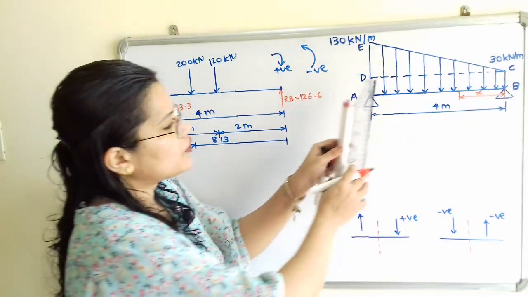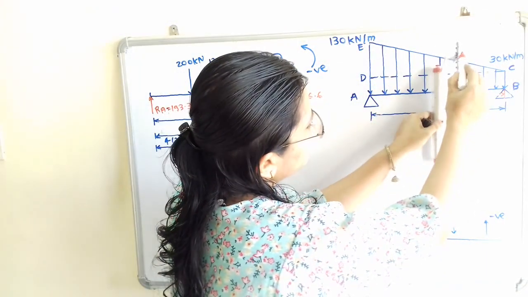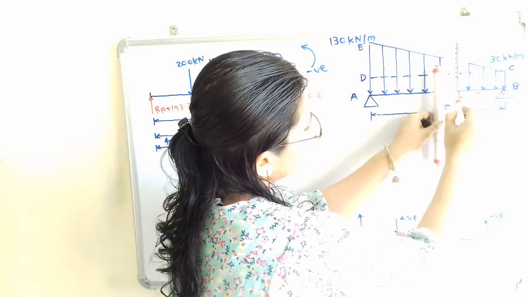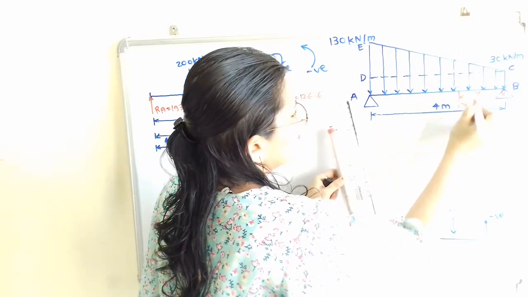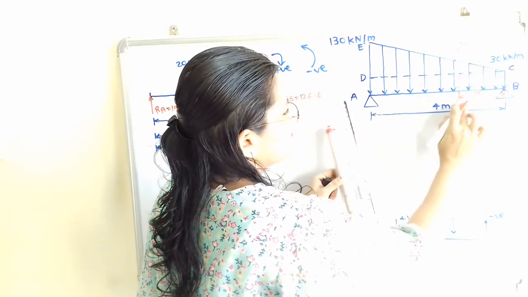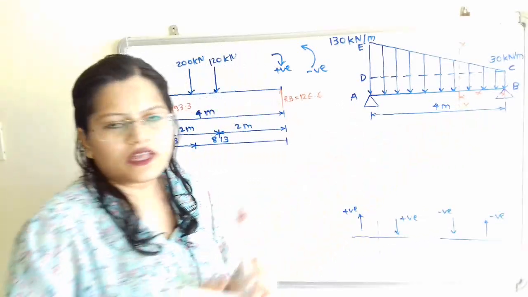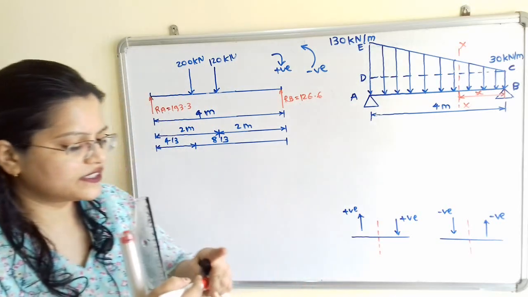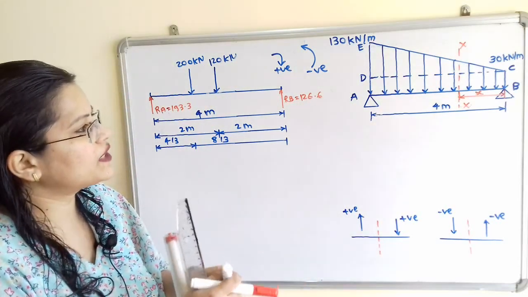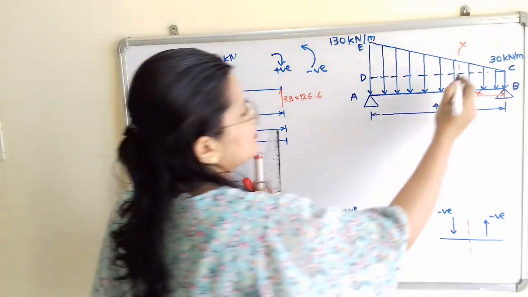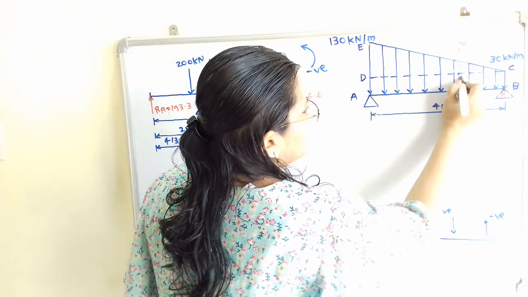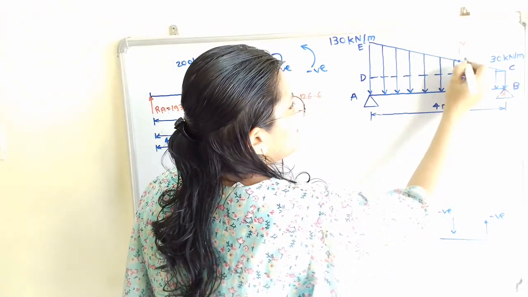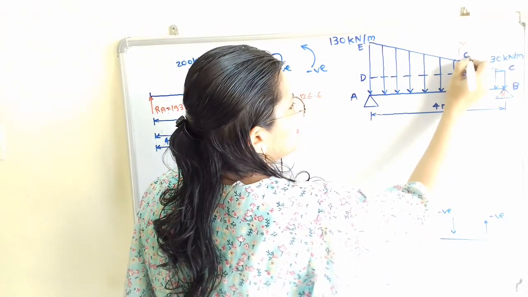So I will show here one vertical line, that is the section XX. Now for this uniformly varying load, this point of intersection we will call point F and this point will be point G.